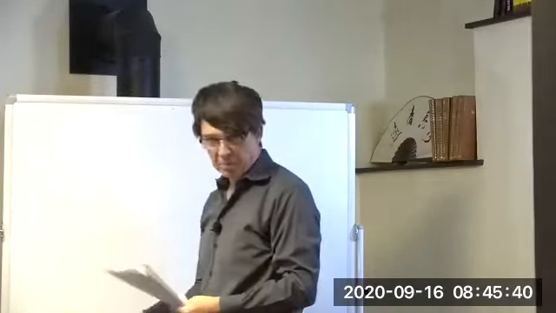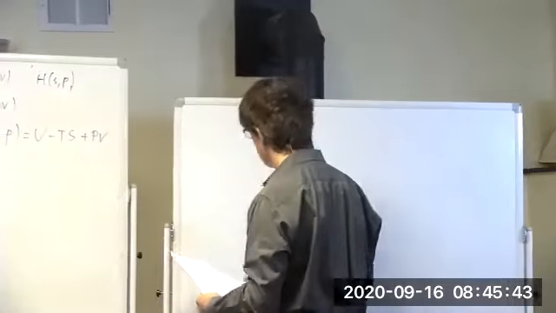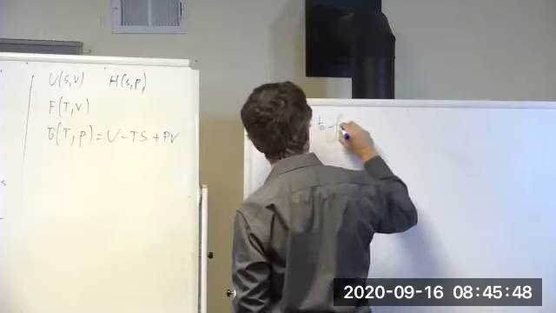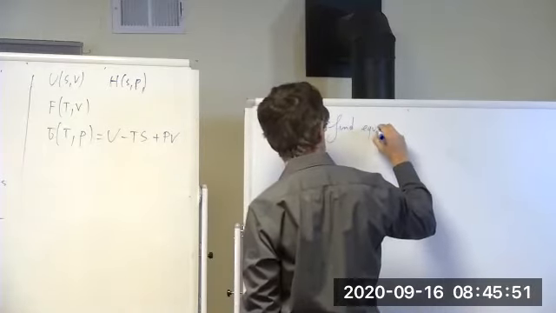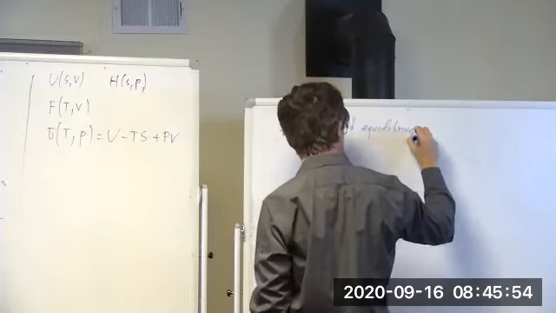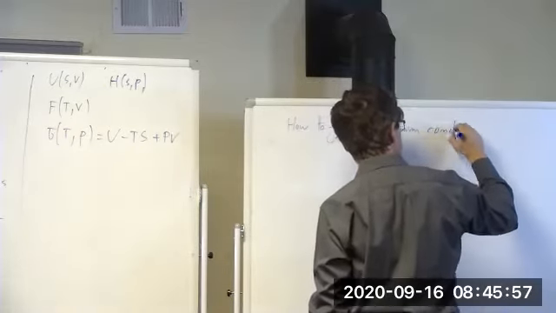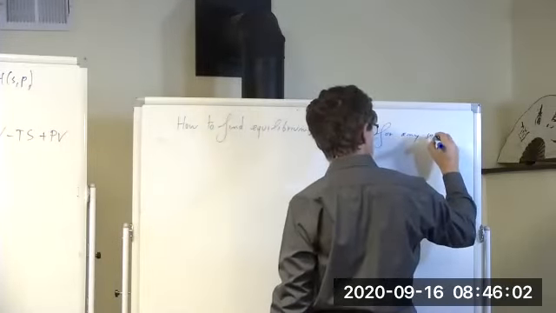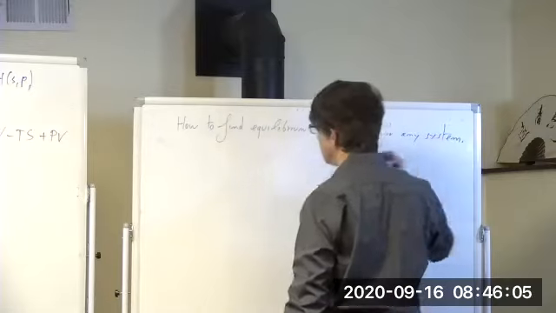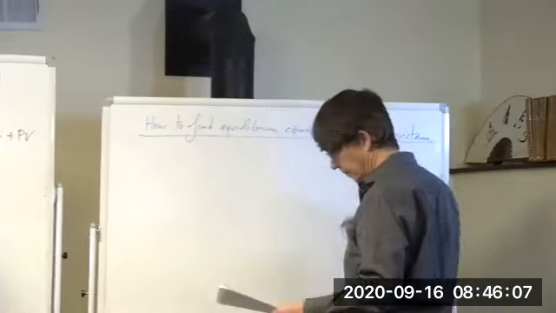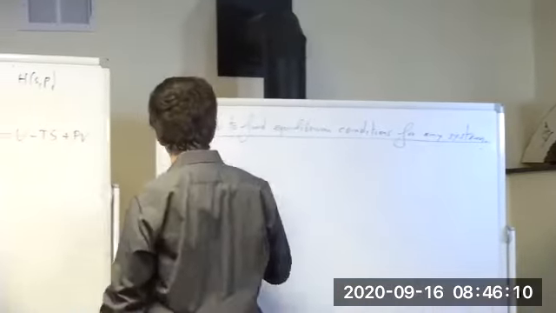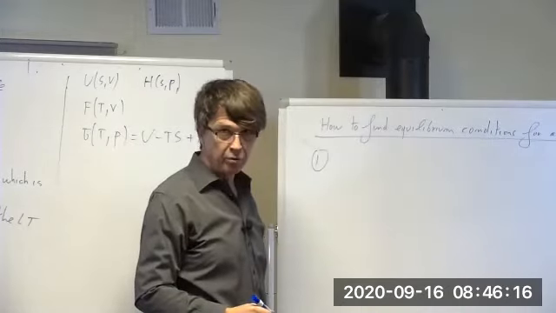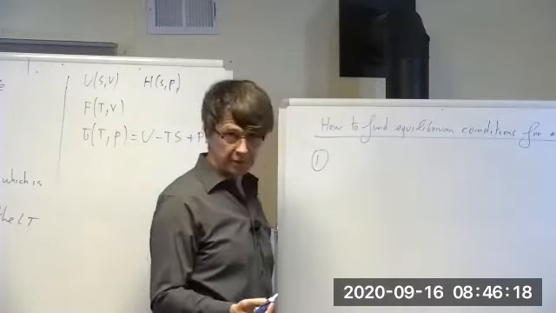So I'm going to write down the recipe, but I hope you understand why this is the recipe. So, how to find equilibrium conditions for any system. Okay. The first thing you do is you look at your system and you define the constant and non-constant extensive variables.